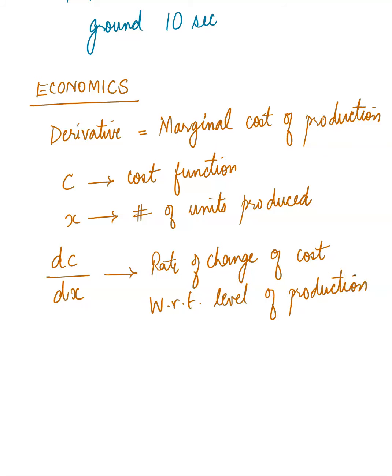And so the cost function, cost as a function of the number of units produced, C of X, will have a number of factors that will help to arrive at the cost of producing something. So let me write here in pure mathematical terms and explain it to you.